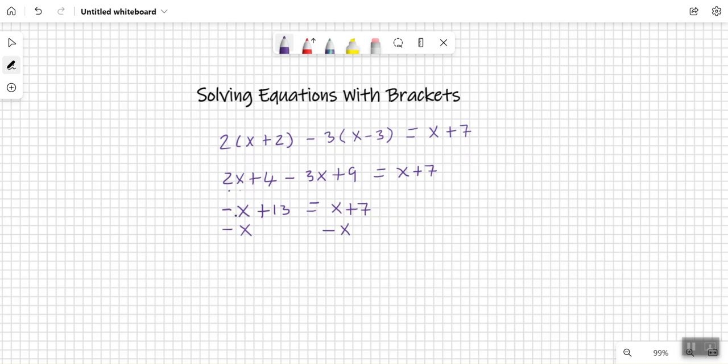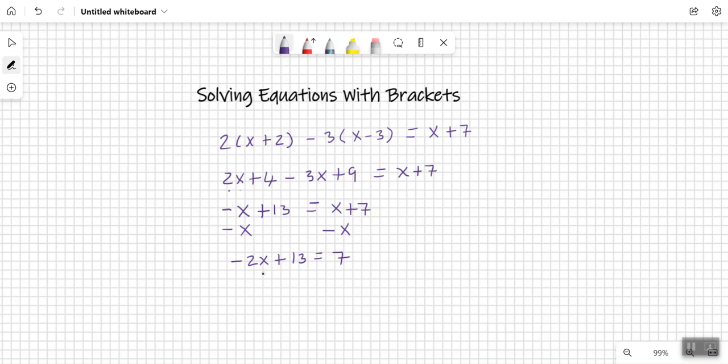So if I'm on minus x and then I minus another x, that leaves me with minus 2x plus 13 is equal to, plus x minus x will just cancel out, 7.